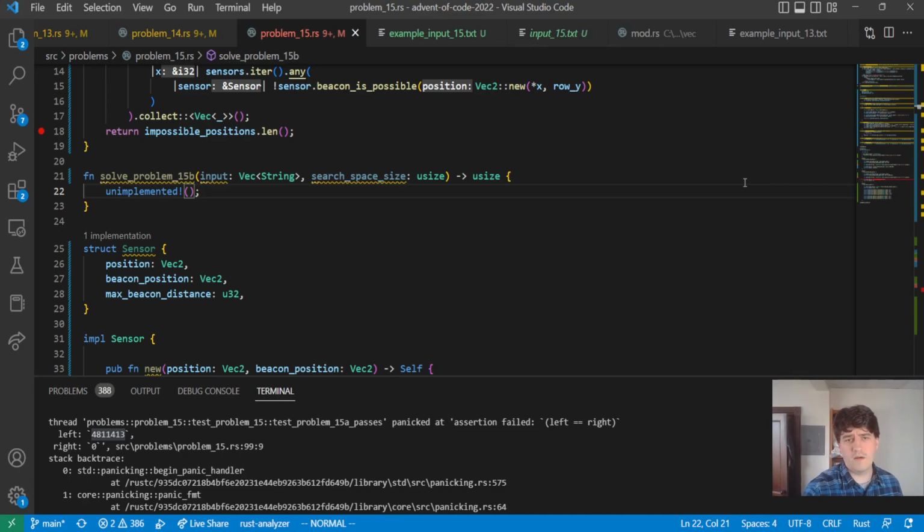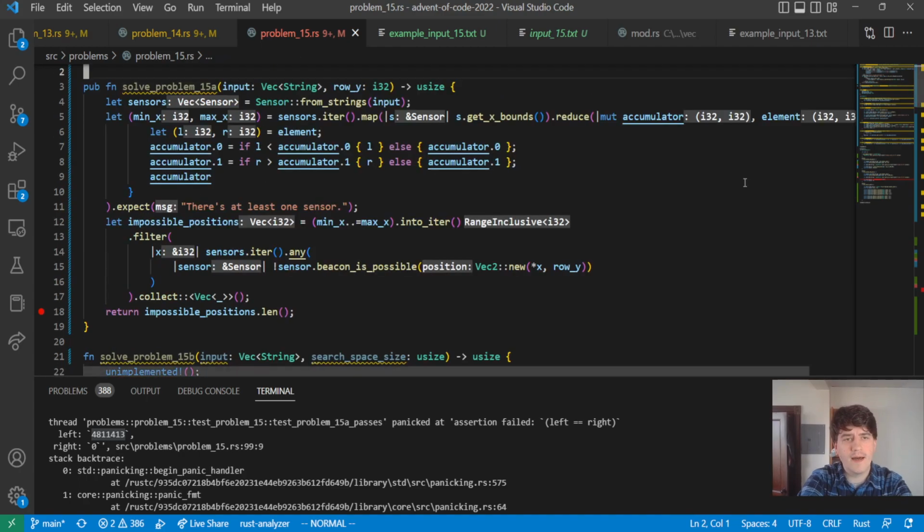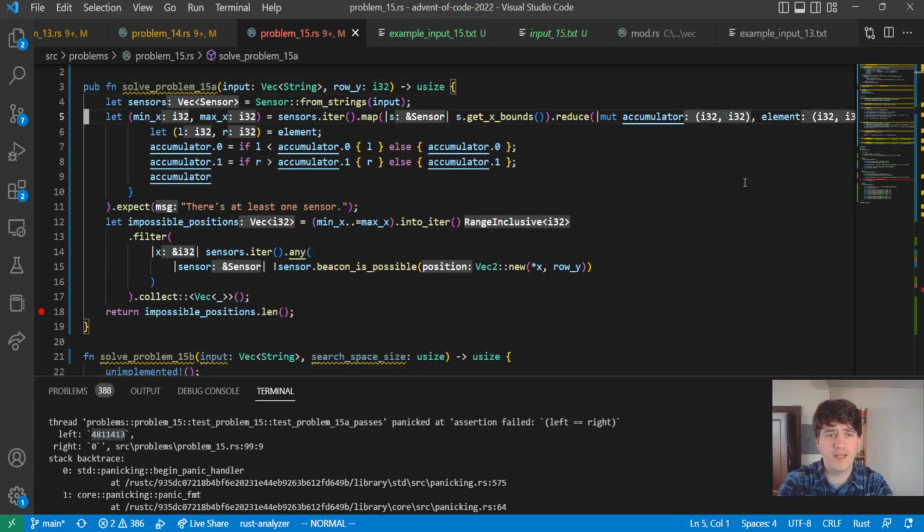And so how is this going to be different from the previous solution? Well, last time we had to work out what the min and the max were ourselves, so we don't have to do that anymore.